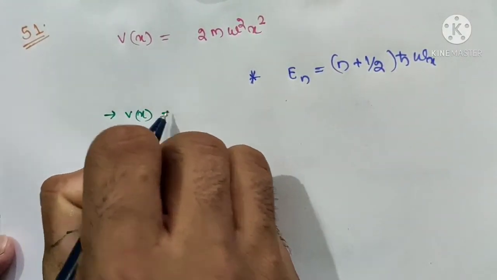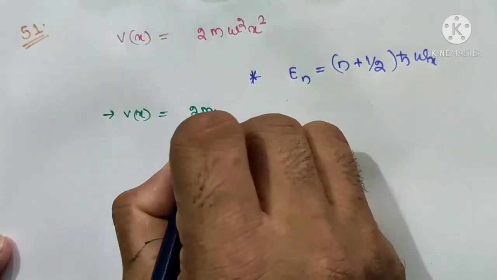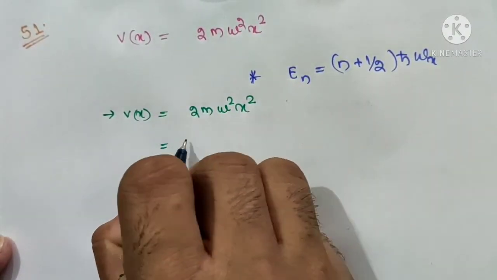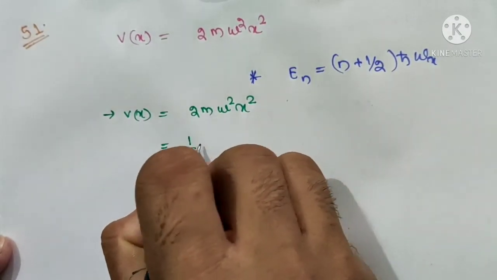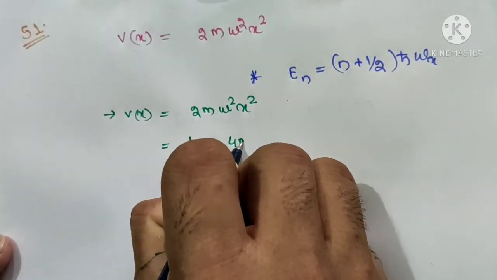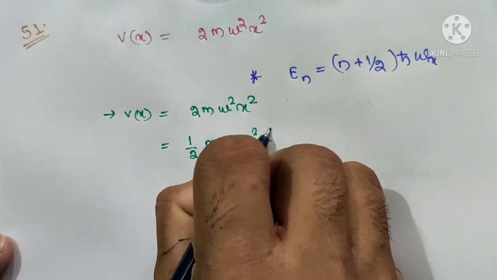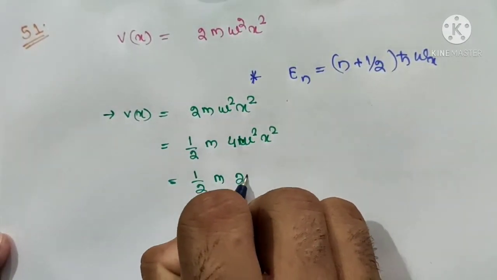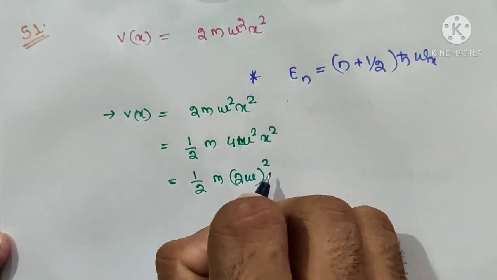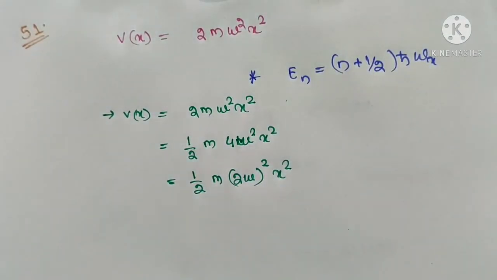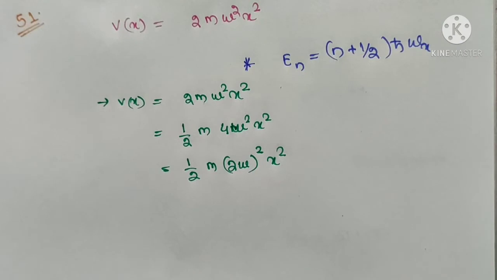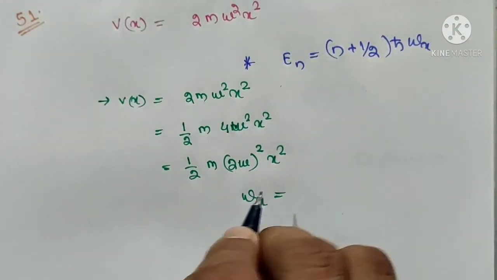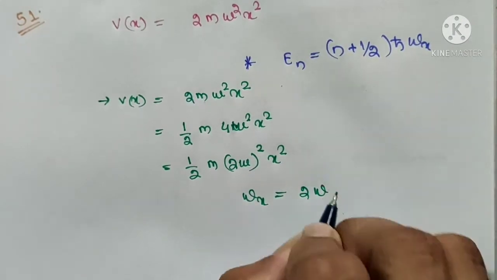Vx equal to 2m omega square x square, or this can be written as half m times 4 omega square x square, or that is equal to half m 2 omega square x square. So the value of omega x in the given potential is 2 omega.